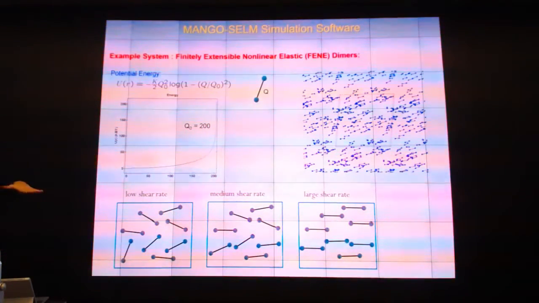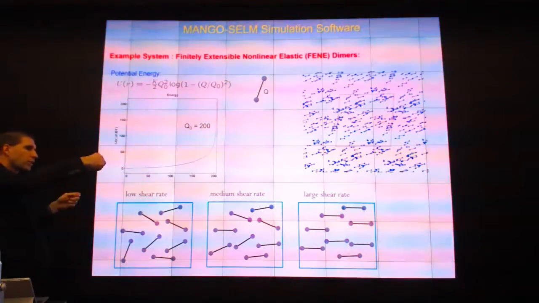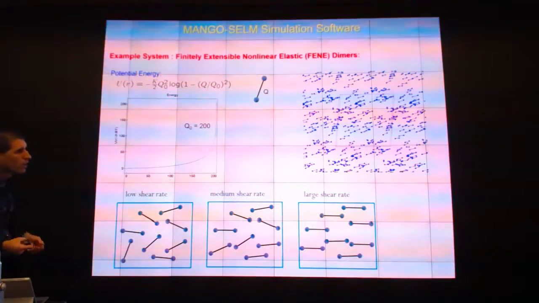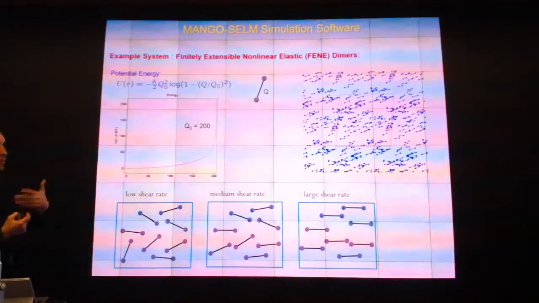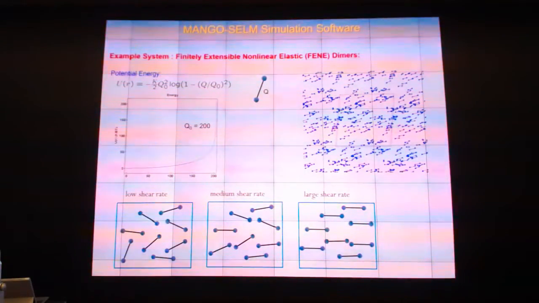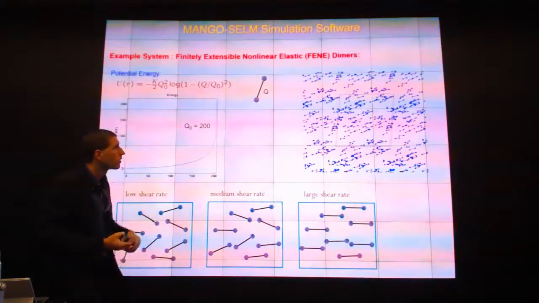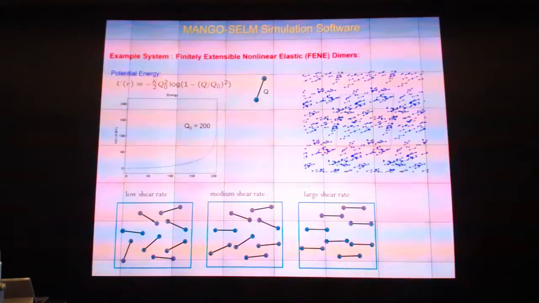The thermal fluctuations every now and then will kick these out of alignment. They will get stretched and rotate back. So if you go through, you can look at what the effective shear viscosity is of this model polymeric fluid as a function of the shear rate. There's a phenomenon known as shear thinning, for which the FENE dimer model is the classical textbook example.